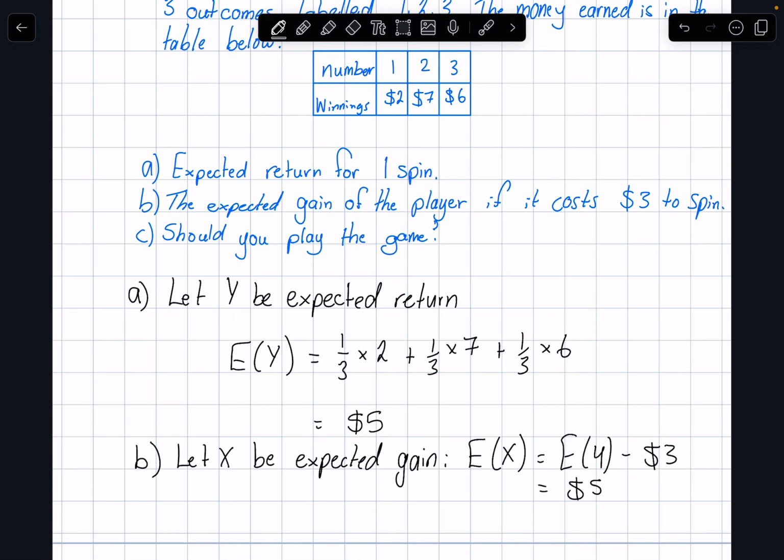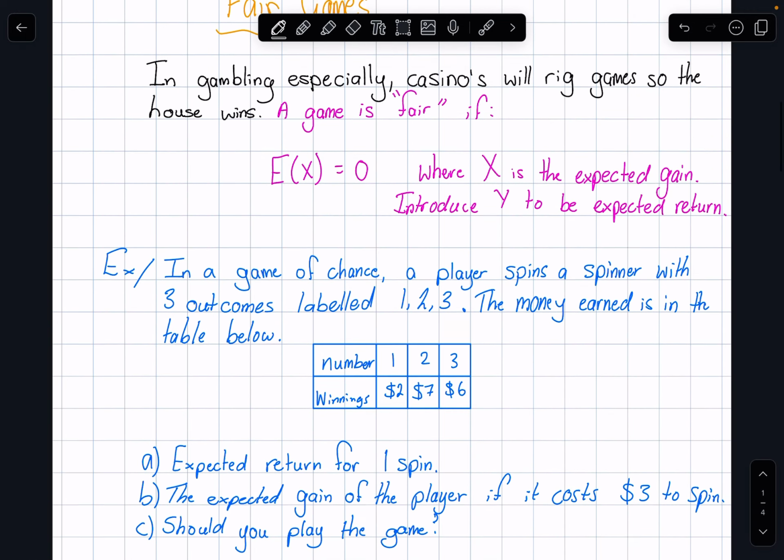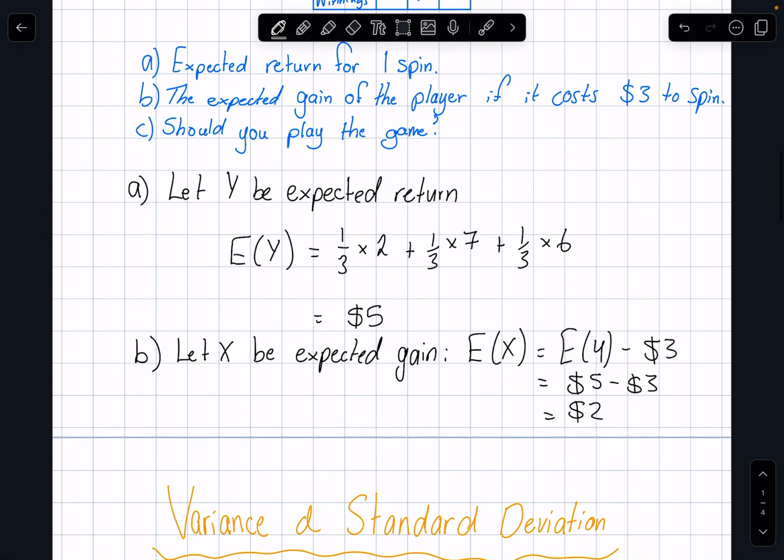So I've got $5 minus $3, which is $2, positive $2. So that means you're expected to gain $2 every spin you play. So in this case, we would recommend you play the game because you're going to earn money as a gain, okay? So hopefully that helps with the fair games questions.